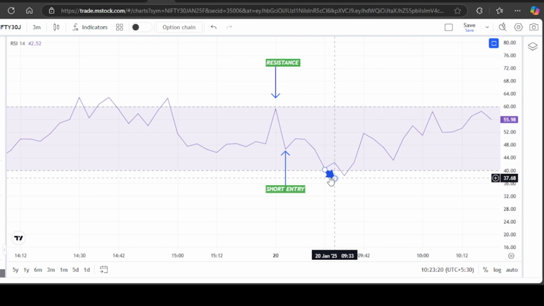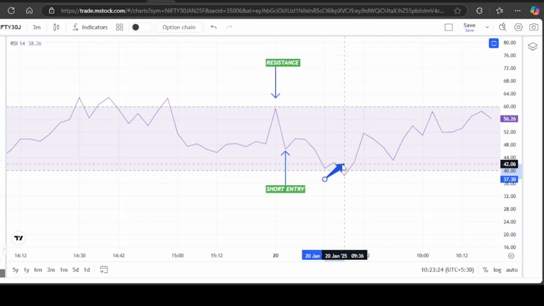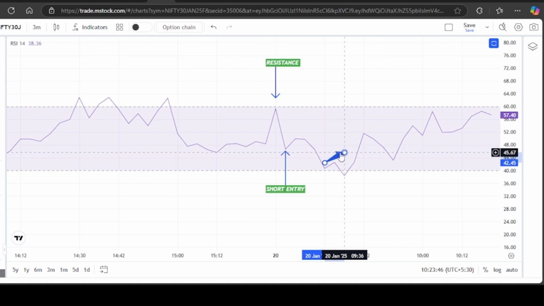Now, as we see in this case, we see an uptick, right? Depending on how the candle looks, whether it's a big green candle or a very small doji or a small hammer or a small green candle, we can keep the trade as is.